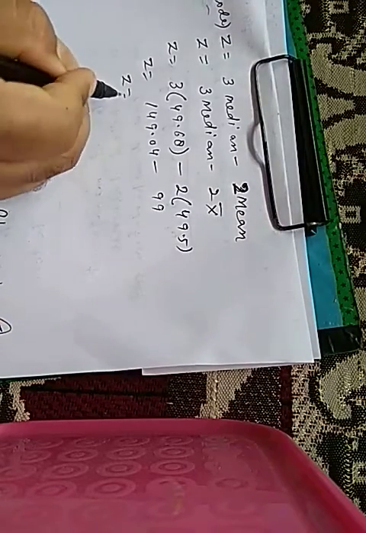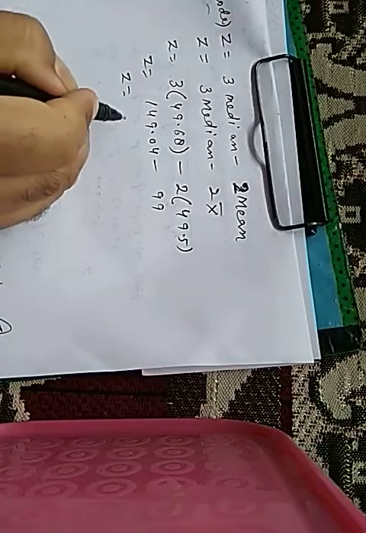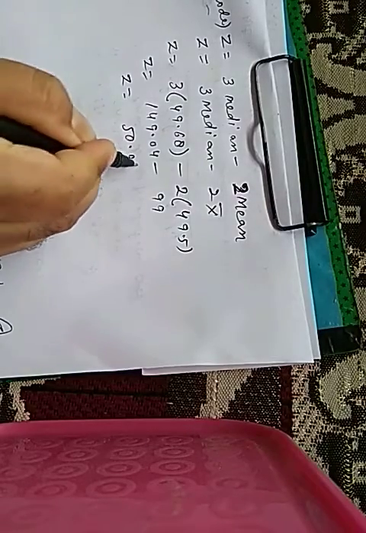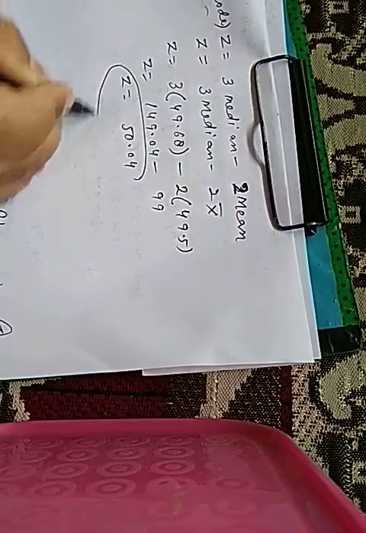Mode will be equal to 149.04 minus 99, which is 50.04. This is the value of mode.